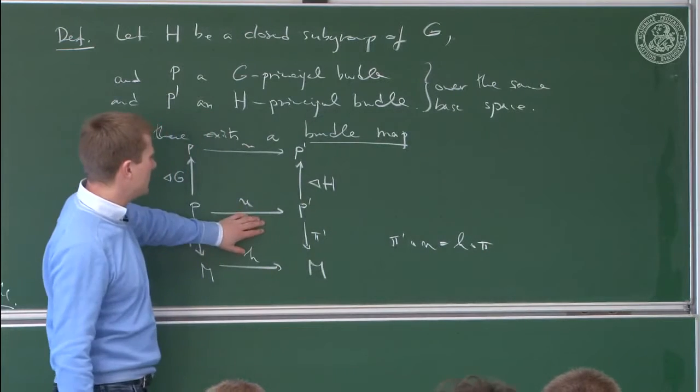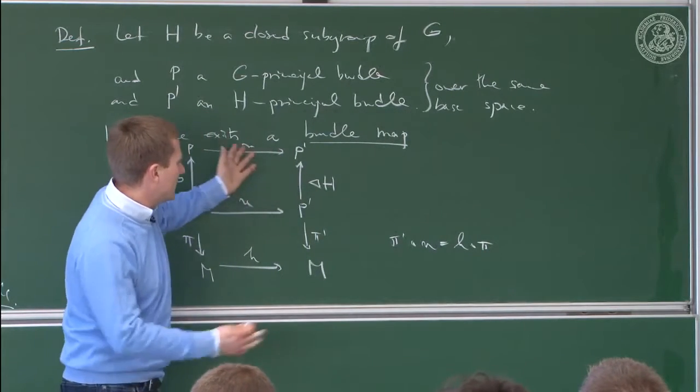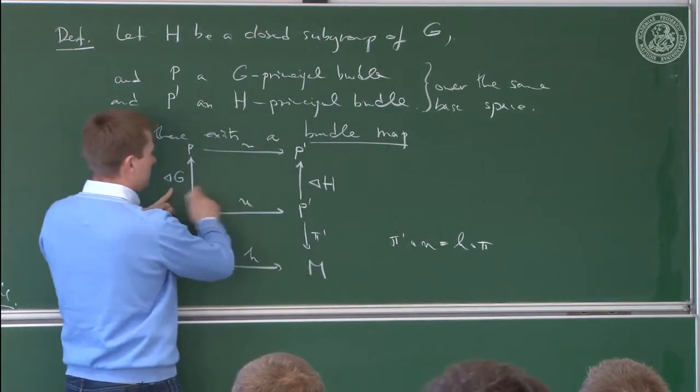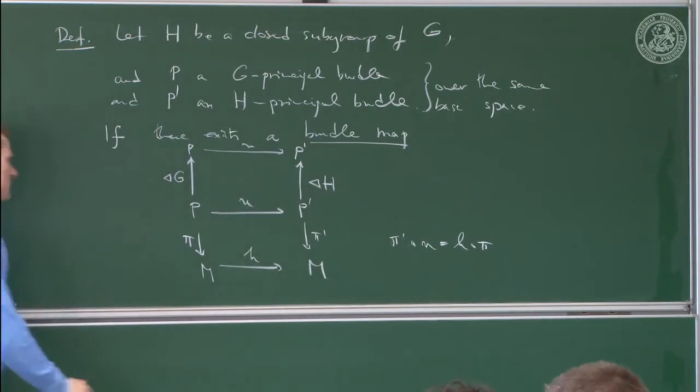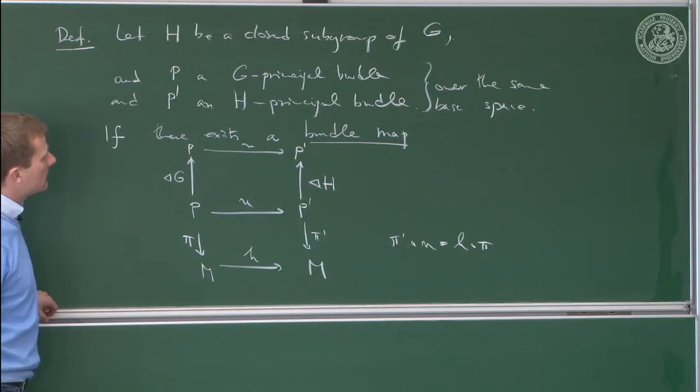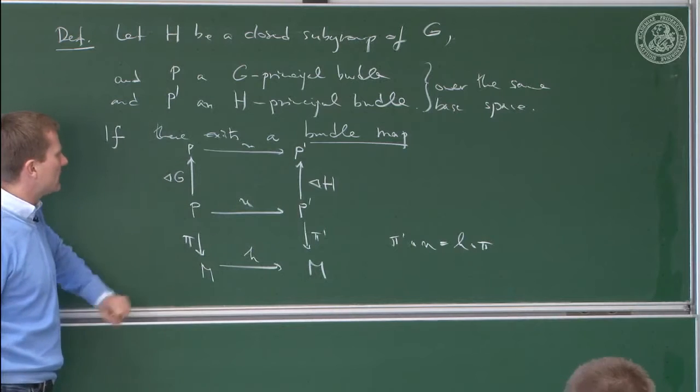It's only this down here, but I cannot even write down any condition here because I don't know how one maps to the other. If there exists a bundle map, but now we need to write down a condition.